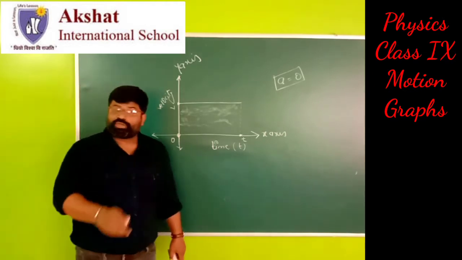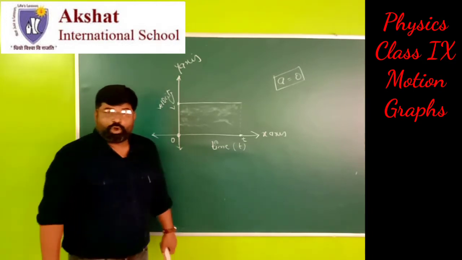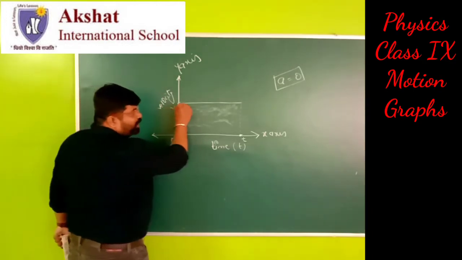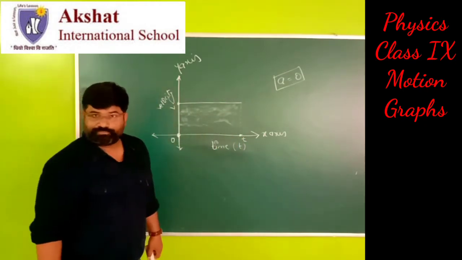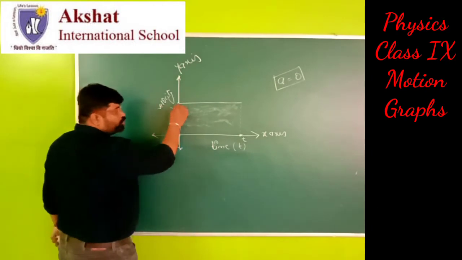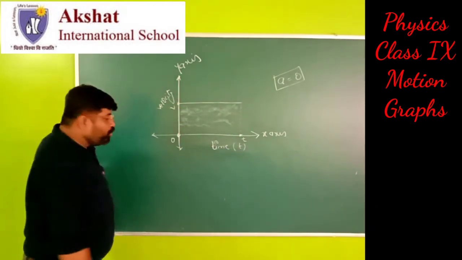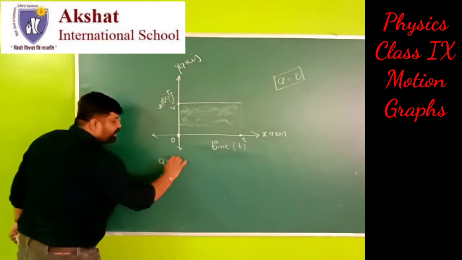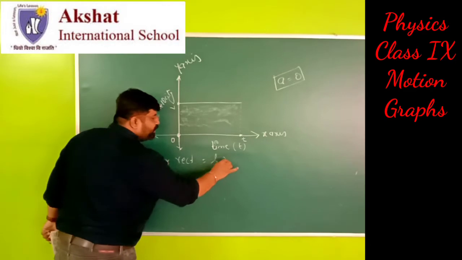There are many questions based on this topic which are asked in the exam. Now, as we know, this geometric figure looks like a rectangle, isn't it? So it is easy to find the area of a rectangle. We all know that the area of a rectangle is length into breadth.